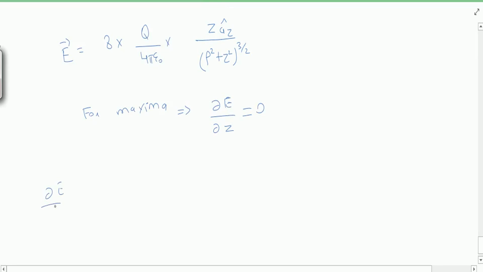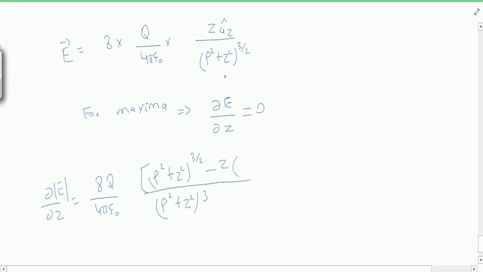So del E by del Z: these things are constant, they will come out of the differentiation, and I'm taking the magnitude here. So the az component I'm ignoring because it has only one component. Now I can differentiate, so it will become rho square plus z square to the power 3 by 2, and differentiation of z will be 1, so minus, and then z multiplied with the differentiation of this.